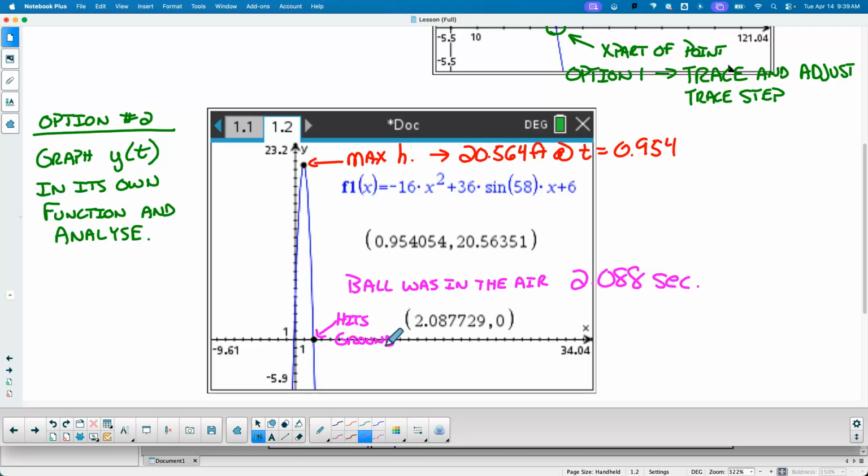Okay? Still haven't answered the question yet, correct? So how now, brown cow, are we going to answer the question of how far away that ball landed? In which one? Because we've got two functions.